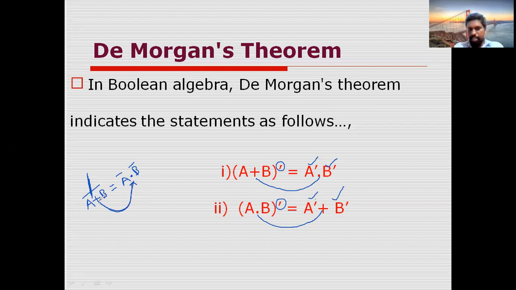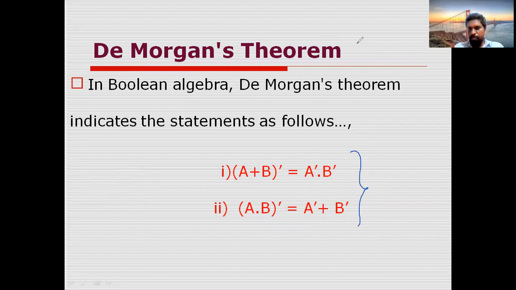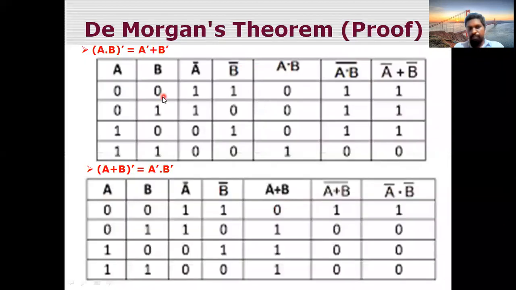If plus is there, it will come as dot. If dot is there, it will come as plus. Very, very important statements, these two. Please remember. The proof of these two you can have with a truth table. See, A into B whole bar equals A bar plus B bar. A plus B whole bar equals A bar dot B bar. So like that you can have an overview here.